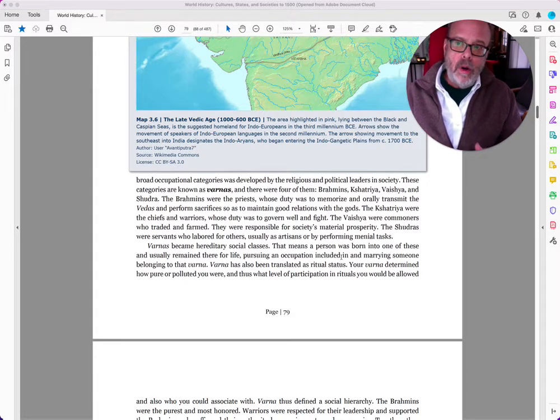Some Hindus still utilize it, and basically it means that you're born into a certain caste or class at birth, and your family remains in that caste or class, and there's not supposed to be any intermarriage between castes, that sort of thing.